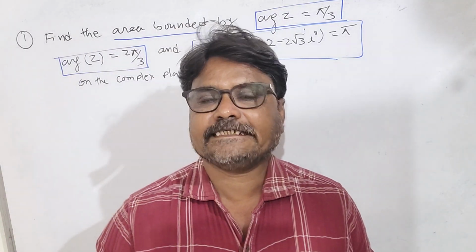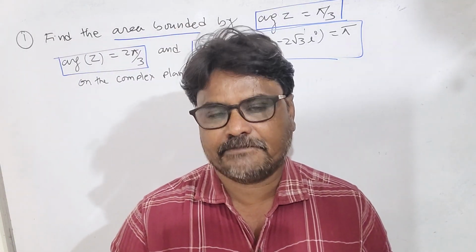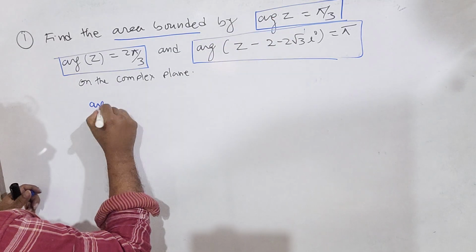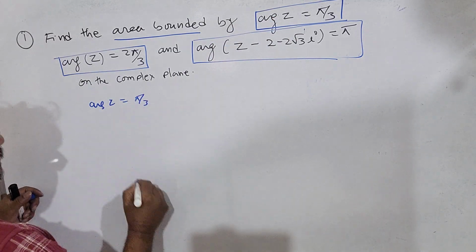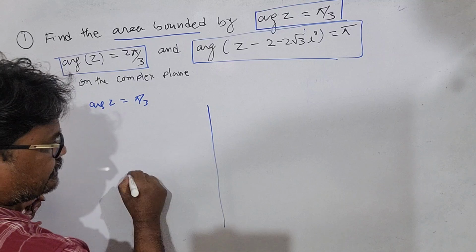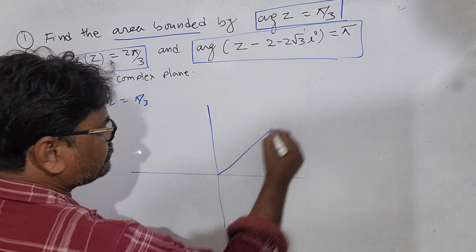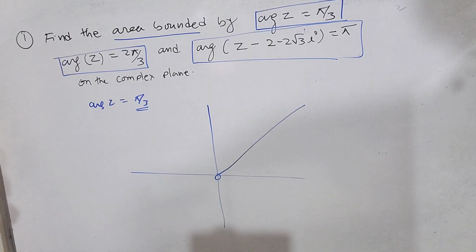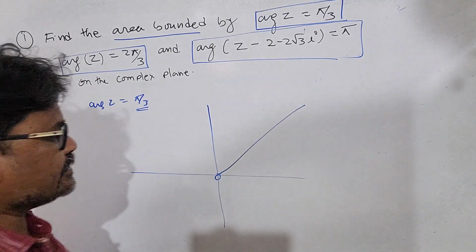Three loci, and each locus represents a ray. Argument of z equal to pi by 3 represents a ray, correct, which is originating from the origin, and as the argument is pi by 3, it lies in the first quadrant.